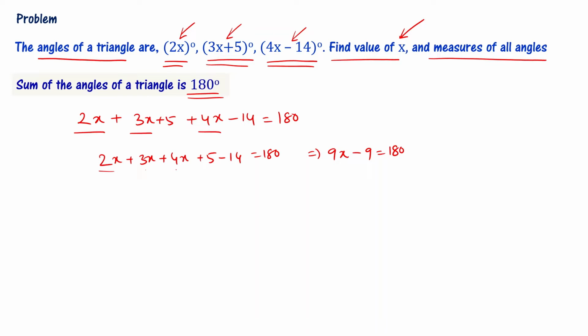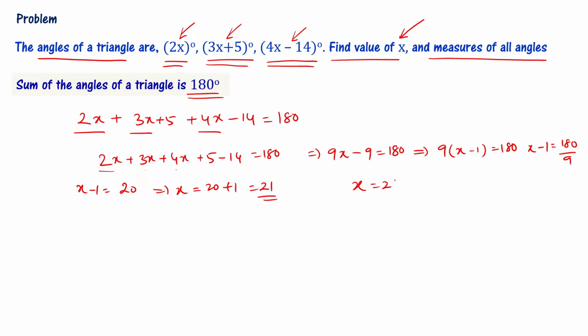This can be further written as 9 into x minus 1 equal to 180. Now x minus 1 equals 180 divided by 9, which means x minus 1 equals 20. So x is going to be 20 plus 1, that is equal to 21. Understood? x equals 21 degrees.